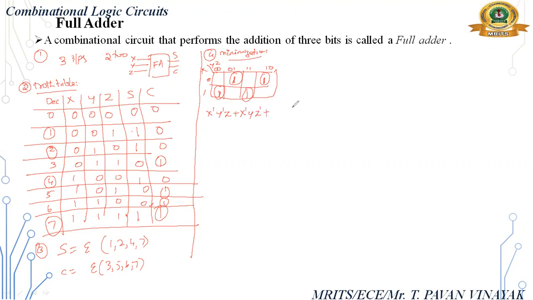Next, 4 means x, y bar, z bar. Next, 7 means x, y, z. Now see, I am taking x bar common here. Next, x common here.